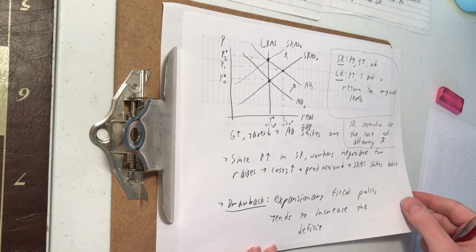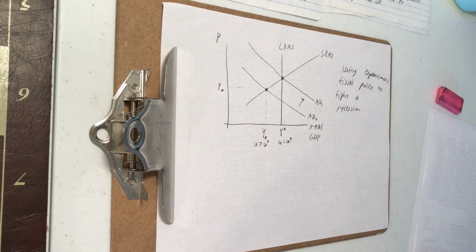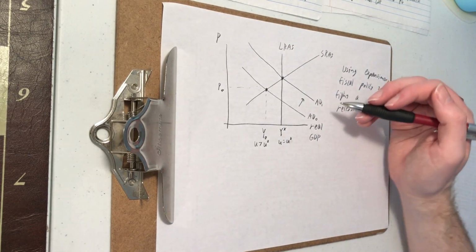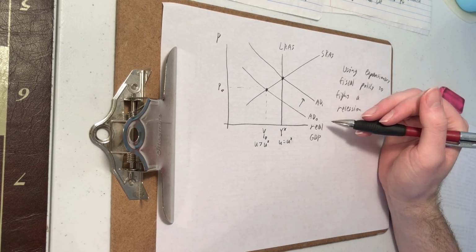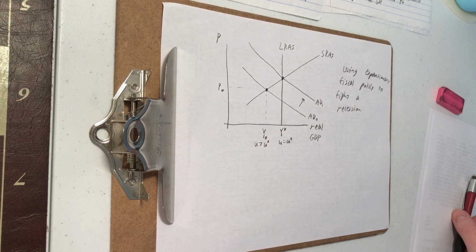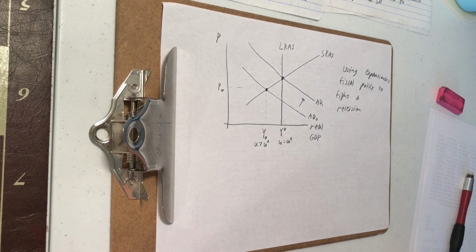So during recessions, we sometimes debate that while the policy can help us end the recession faster, is it worth it when you're going to add more debt? And there are other drawbacks as well, which we'll talk about in another section.